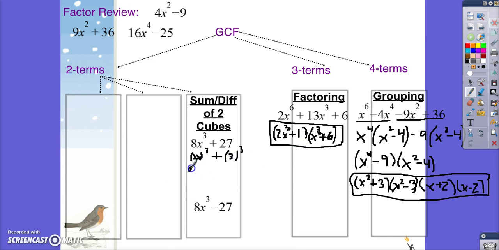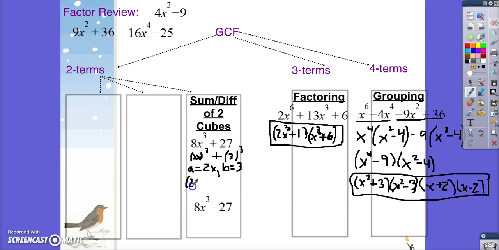So A is 2x. B is 3. And then that formula you have to remember, you have to plug them in.